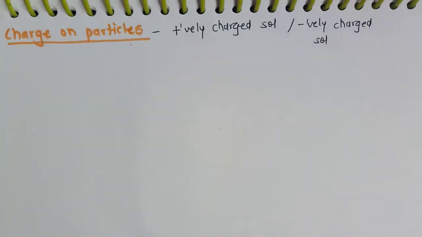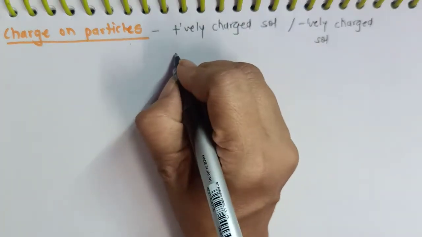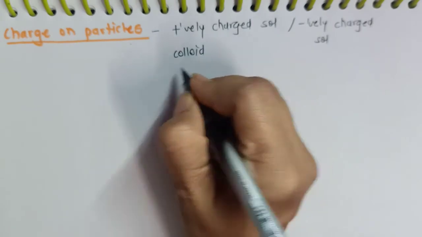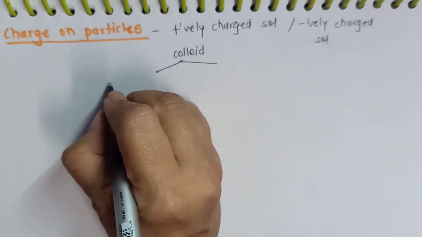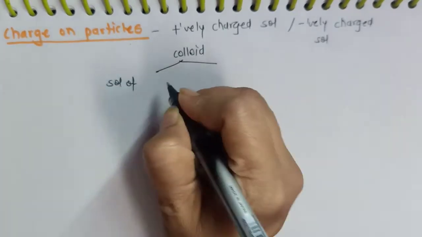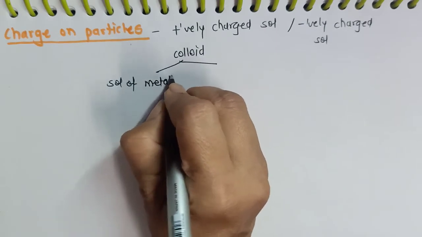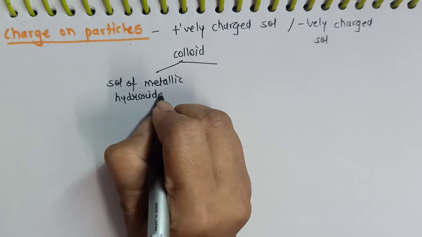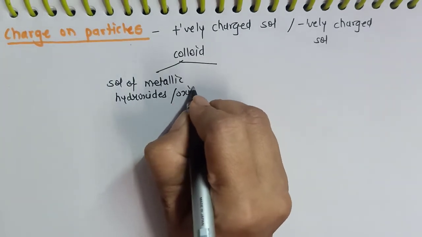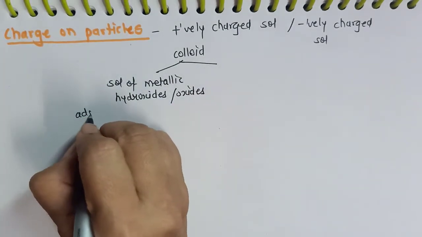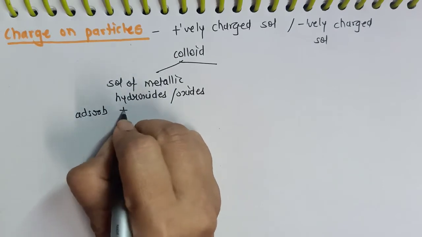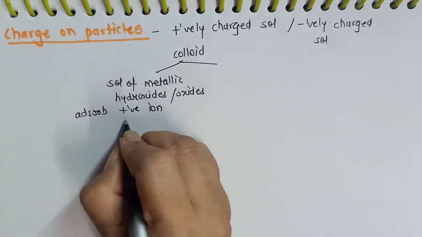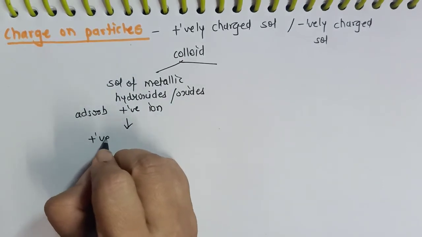Now the question is, when will we get a positively charged sol and when a negatively charged sol. So suppose we have the sol of, or let's say precipitate of, metallic hydroxides or oxides. They generally adsorb positive ion, resulting in positively charged sol.